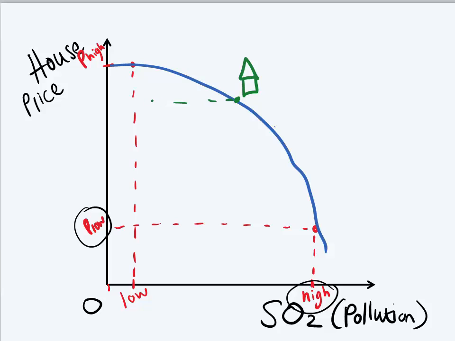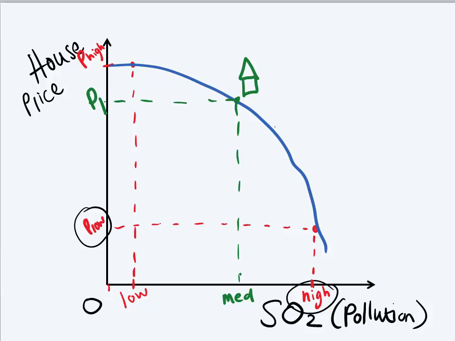The price of my house is P1, I paid the price of P1 for the house, and in this environment there's pollution of a level, let's call it med for medium. Now I get a raise at work and I can afford to move to a cleaner area.